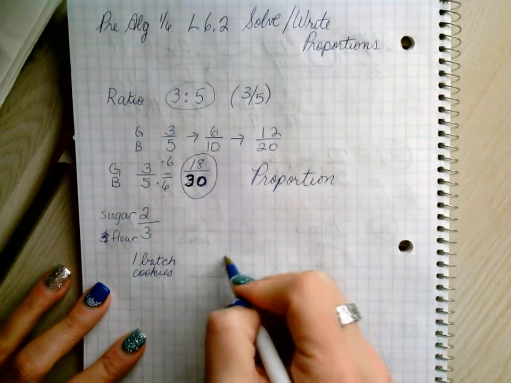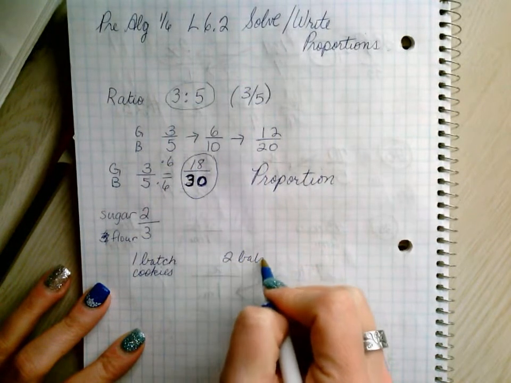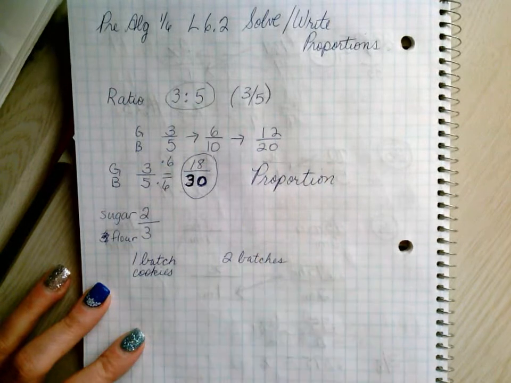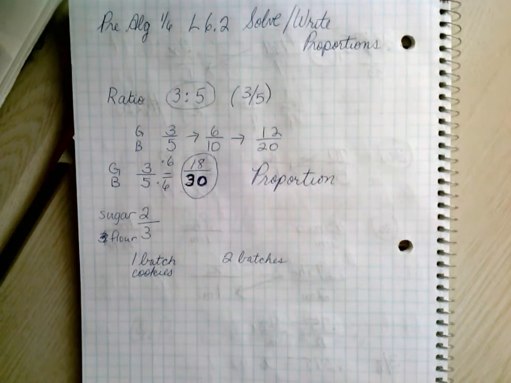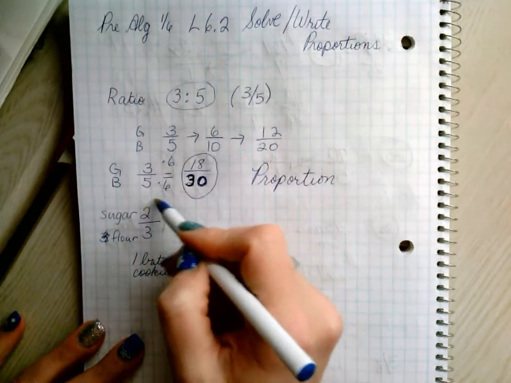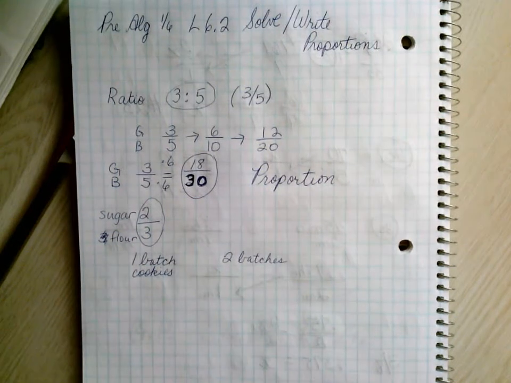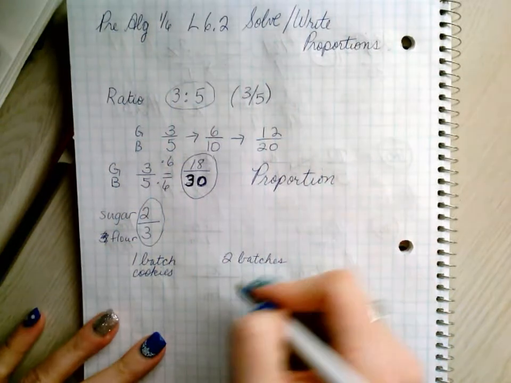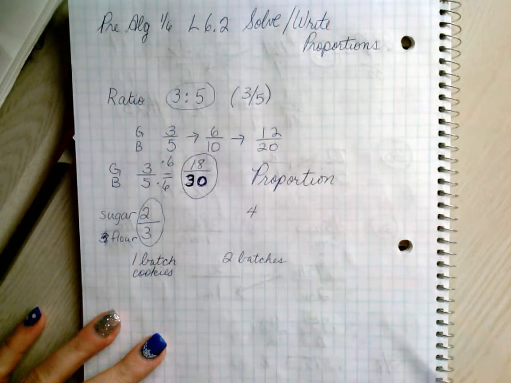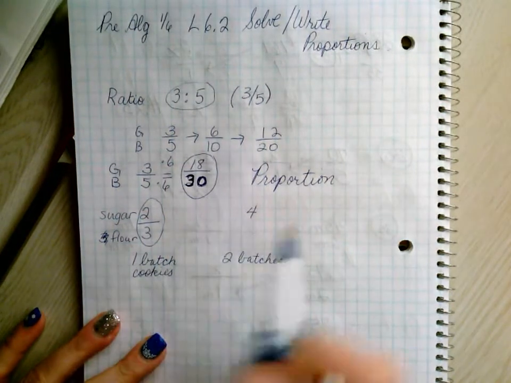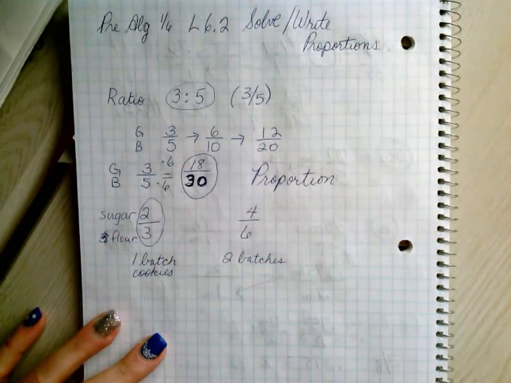What if I wanted to make 2 batches? What will I do to this to double it? This is another way you might use this. Yes, ma'am? You would say, okay, 2 of those is 4, double that is 6.